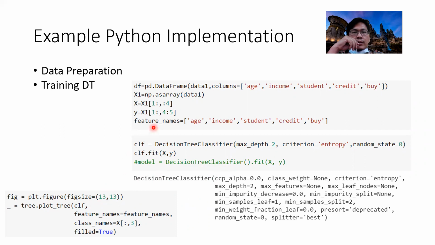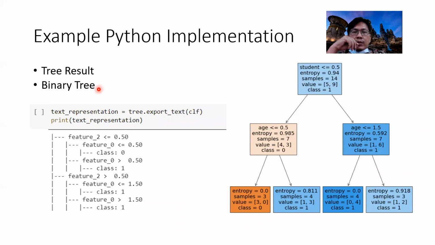As information, in scikit-learn we use a binary tree. It is different from the previous manual calculation, where one node had 3, more than 2, branches. And in this example, we only use two branches for each node. This is binary.